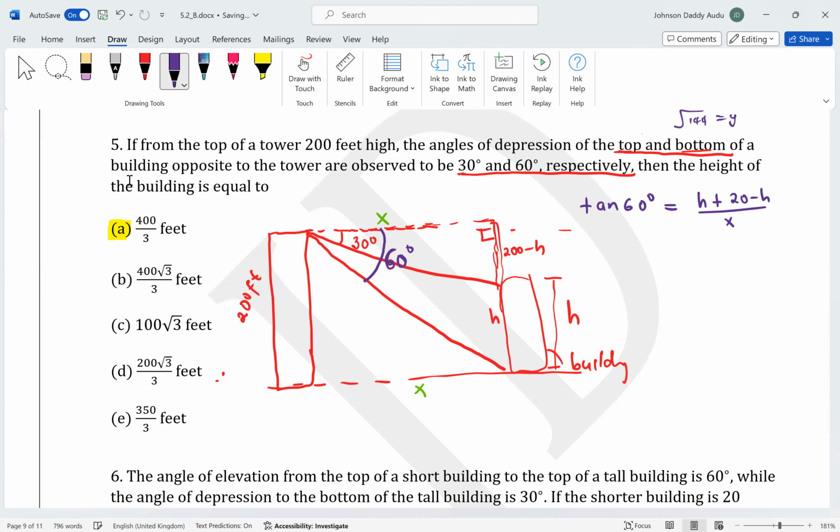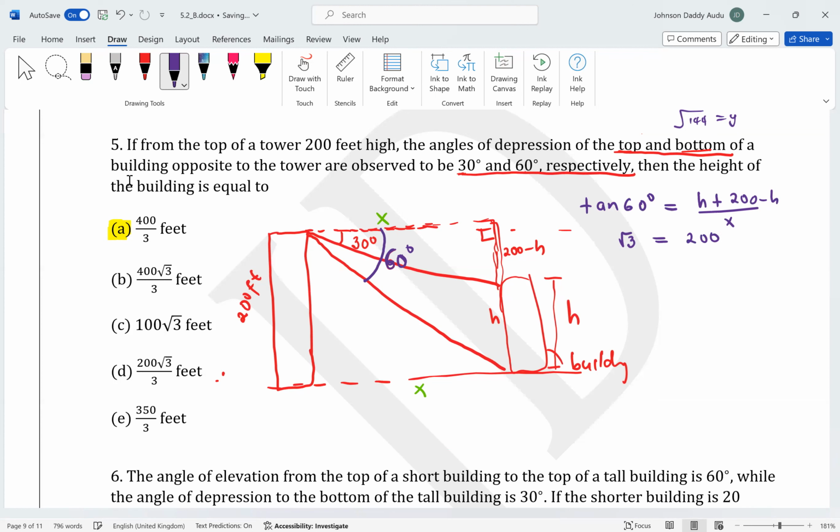And what is tan 60? This is root 3. Definitely here will just cancel. This is 200, is it 200? Yes. 200 minus H. So here everything will go. So we just have 200.